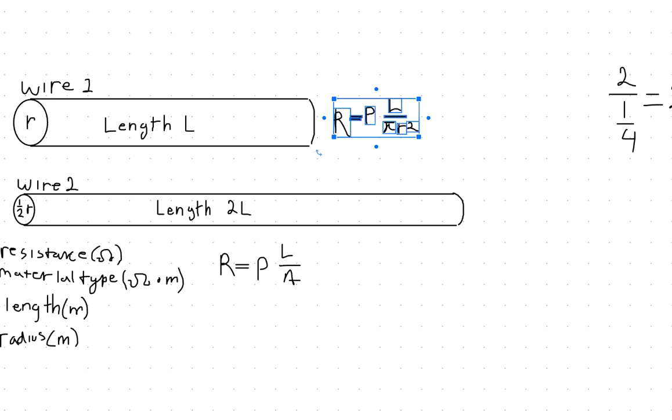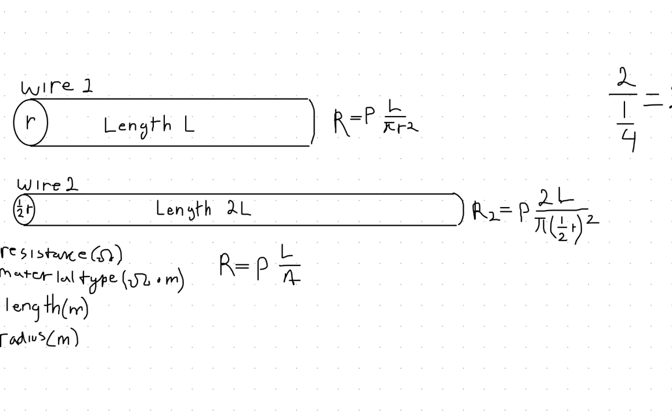And so for wire 2, R wire 2 is the same material, and then we will put a 2 in front of the length, and we will replace the radius with 1/2 r inside parentheses, so it will be pi (1/2 r) squared.